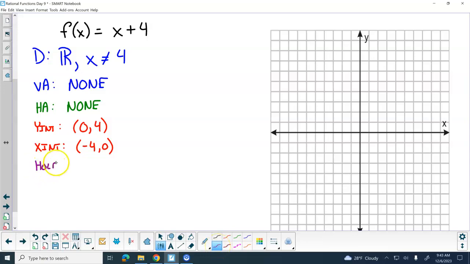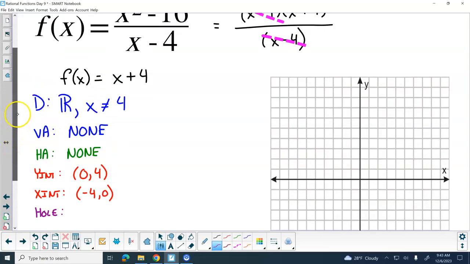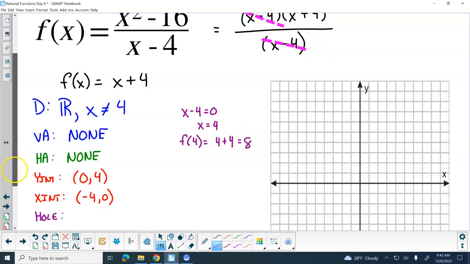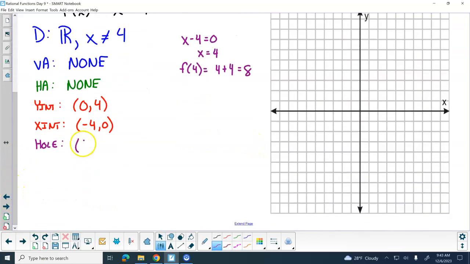Do I have a hole? So I take 4, because I factored out x minus 4. I set that equal to 0, so that's going to be x equals 4. I plug that into my new function, and that's going to give me 4 plus 4, which is 8. So the hole is going to be at 4, 8.